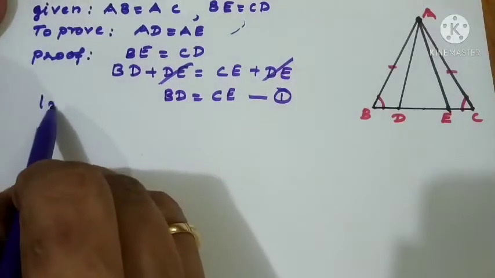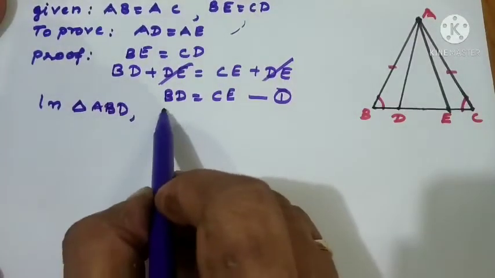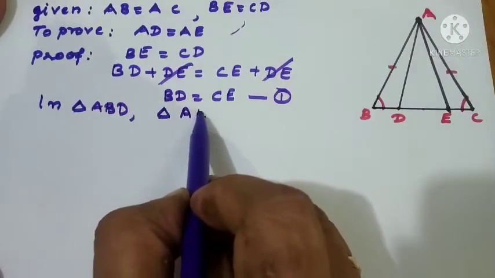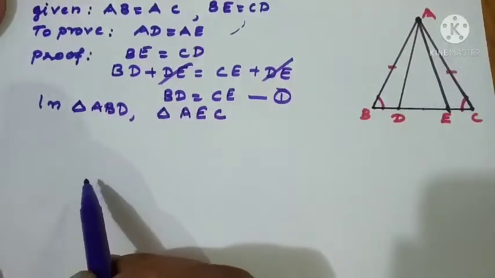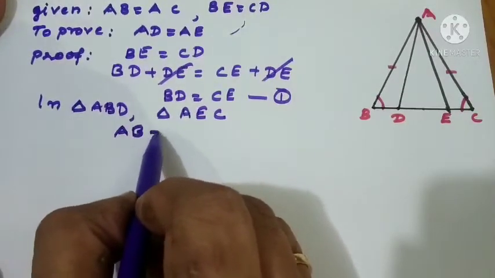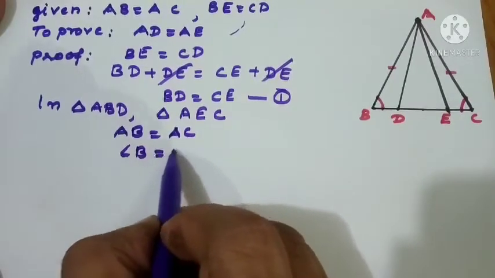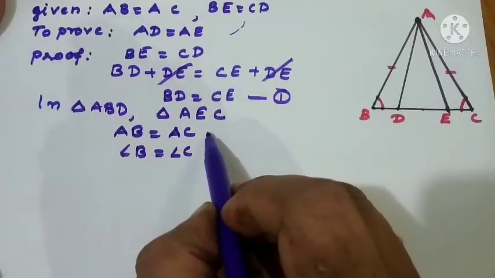Now in triangle ABD and triangle AEC, AB equal to AC. Angle B equal to angle C. What is the reason here we will write?